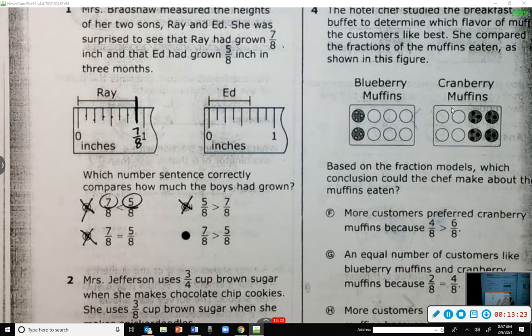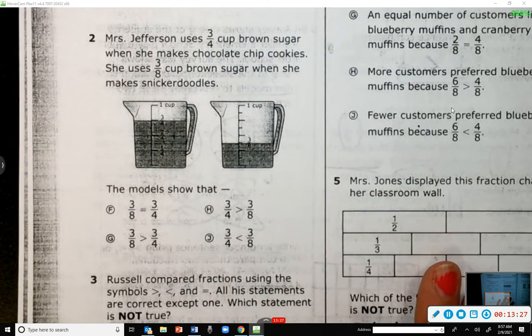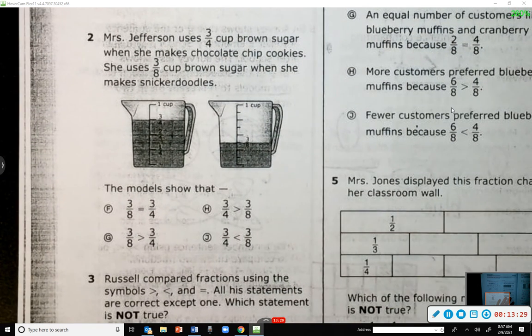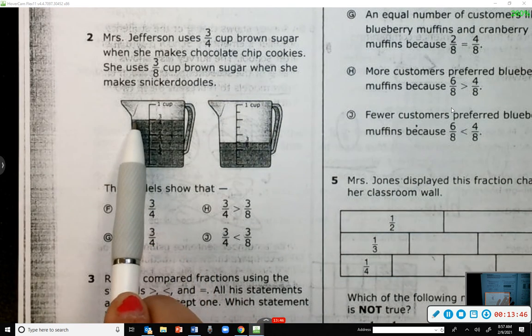Okay. Number 2. Mrs. Jefferson uses 3/4 cup brown sugar when she makes chocolate chip cookies. She uses 3/8 cup of brown sugar when she makes snickerdoodles. The model shows that. So here's my model. What's shaded over here? What fraction? 3/4.